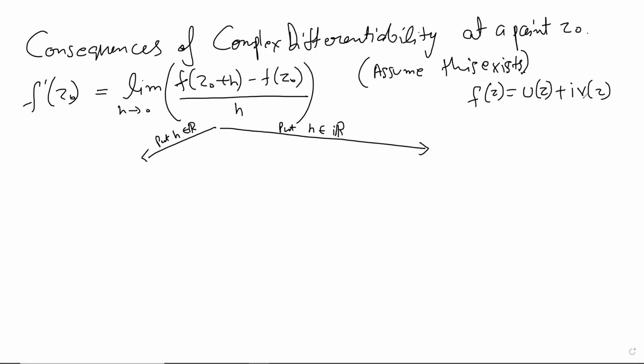Obviously, we do understand that u and v are related. In a good function, u and v will be related. That was the intuition we had. In a differentiable function, u and v should be related, right?